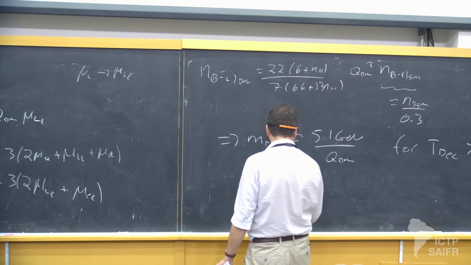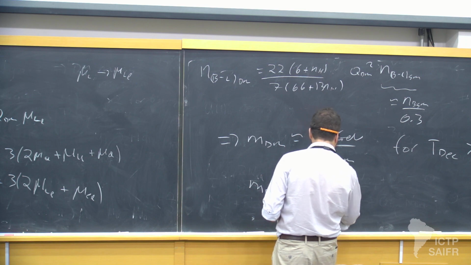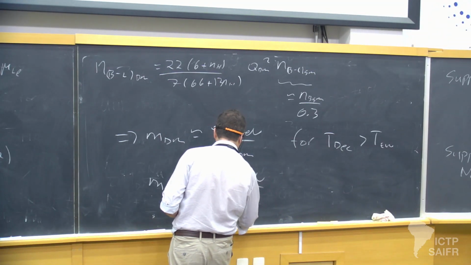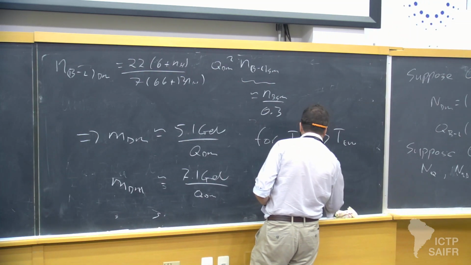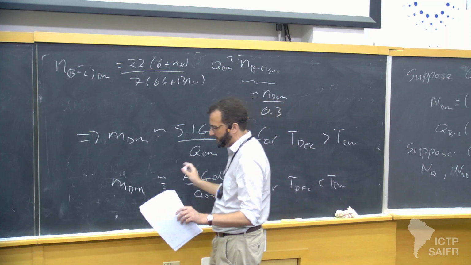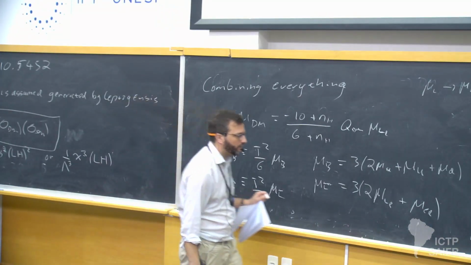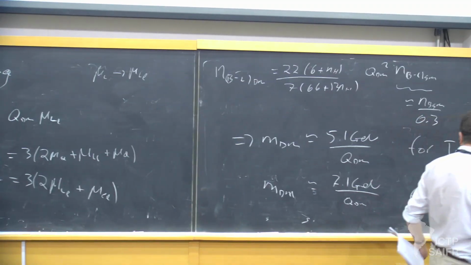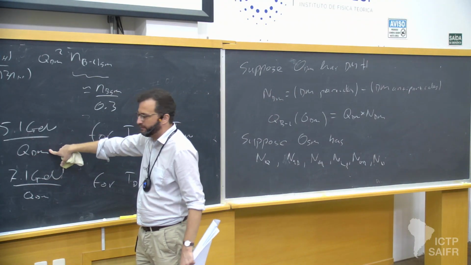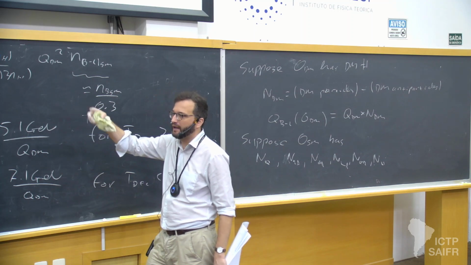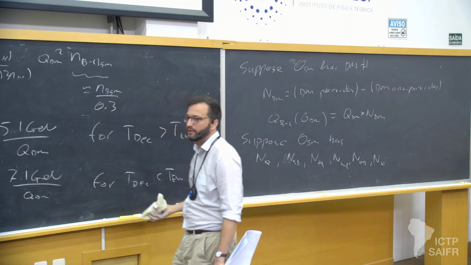There are similar relations; you get a mass of 7.1 GeV over Q dark matter for T decoupling smaller than T electroweak. Okay, so you have this very nice relation. Now, what we've done here, you see the dark matter is again of the order of 5 GeV or so, but it scales inversely with the dark matter charge, rather than in option 1, which I wrote down briefly, the relations where it scaled as the dark matter charge. Yeah.